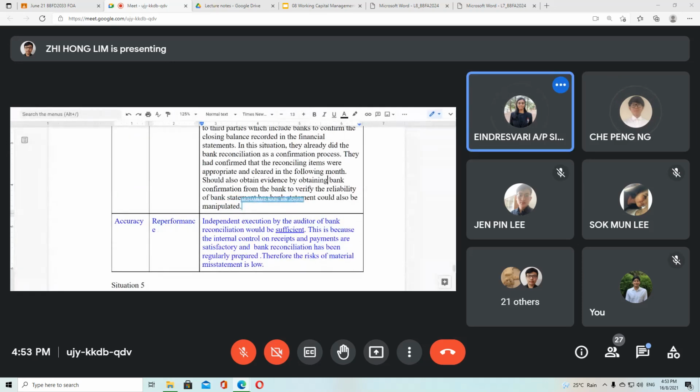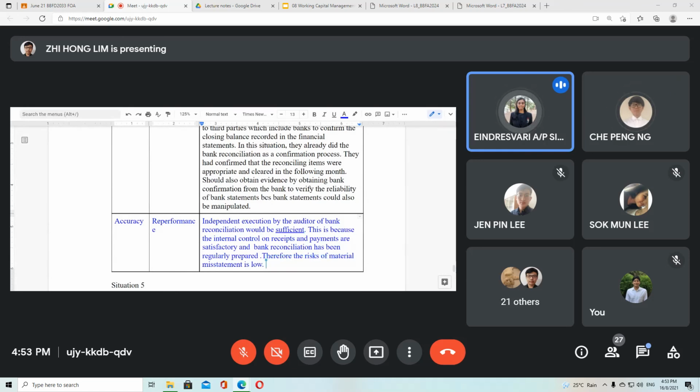Next. Okay, it is sufficient, but you can say risk of material misstatement is low, but still there is risk, because what if your bank statement is manipulated? So you need to get the bank confirmation letter.